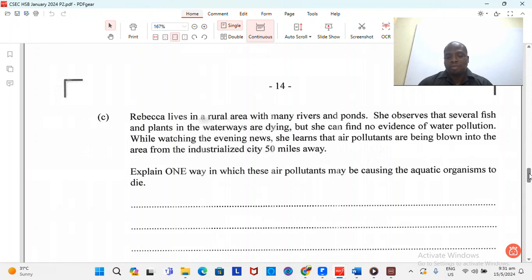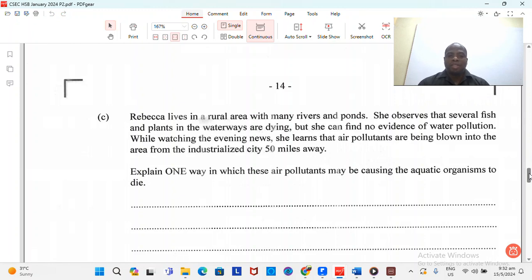We also have another term, biomagnification, where you have a smaller fish eating and getting eaten by a larger fish, or it is part of a producer in the pond, and the consumer eats this producer, then you have the toxin being magnified, and it will start to show its effect in the organism that is highest in the food chain, and so the aquatic organism starts to die. So those are two ways.